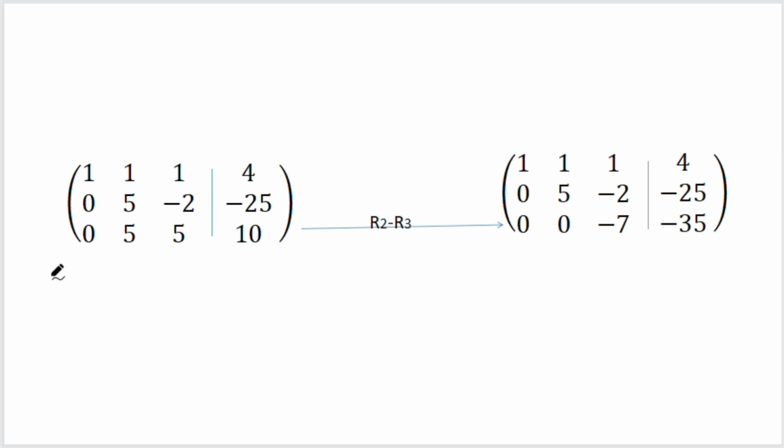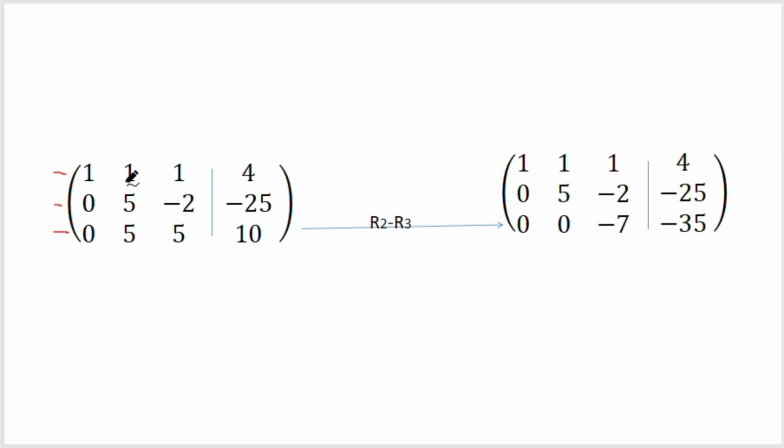In this case, we can now take row 2 and row 3 into consideration, but initially we could not because we had to use the first row for reference. We choose one row and use it for reference, and mostly we use row 1. So I'm going to say row 2 minus row 3.